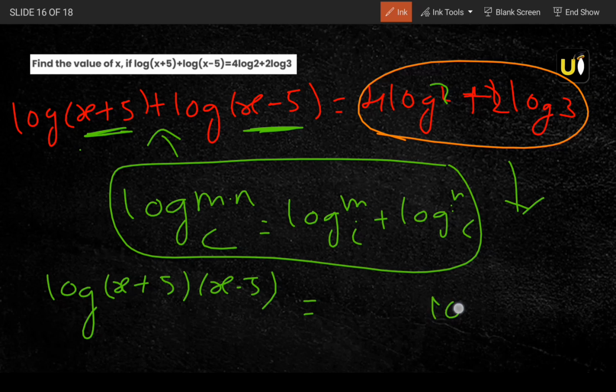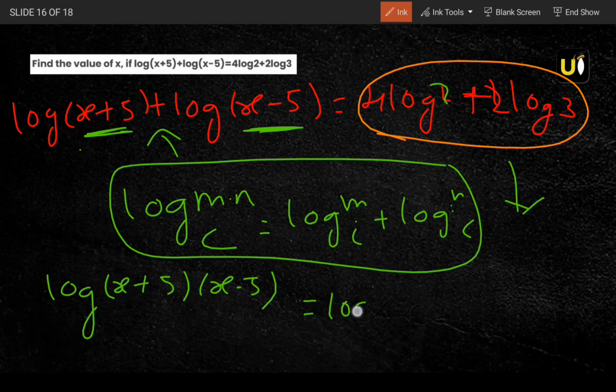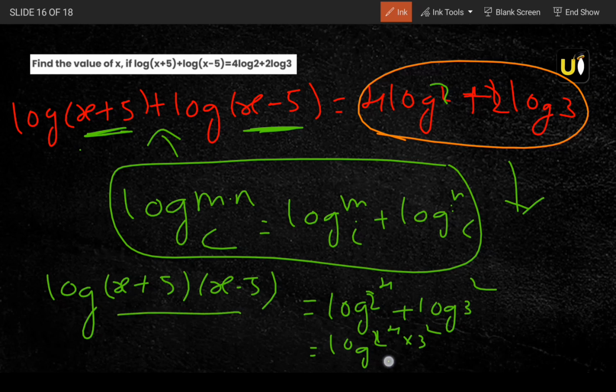So this can be simplified as log 2 power 4 plus log 3 square, and further this can be simplified as log of 2 power 4 into 3 square. So now both are in the logarithmic form, so we can compare these two.